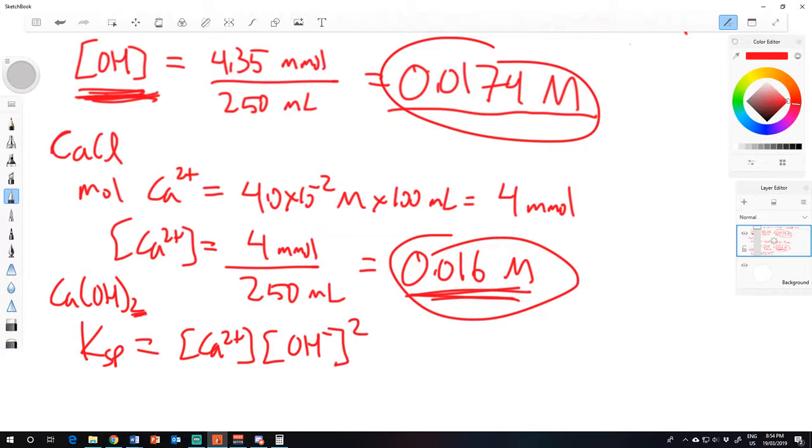All right, hopefully that clears things up. That one is actually kind of a tricky question, but like I mentioned at some point in tonight's stream, when you're doing these ion type calculations, it will save you a lot of headache if you just calculate the moles of the ion first, then calculate the concentration after that.